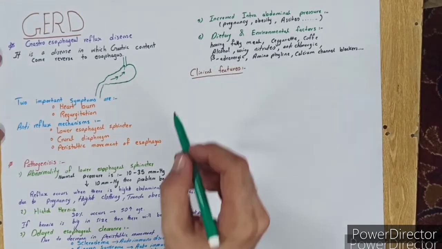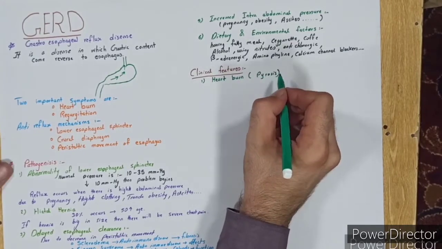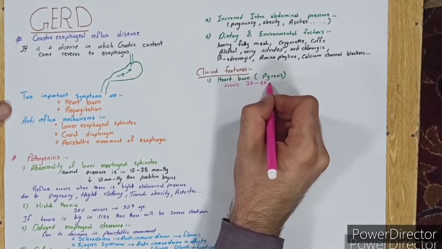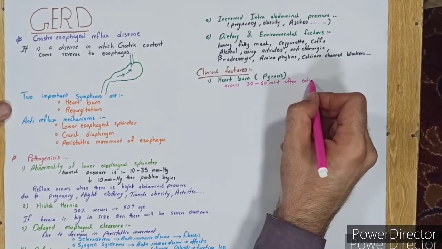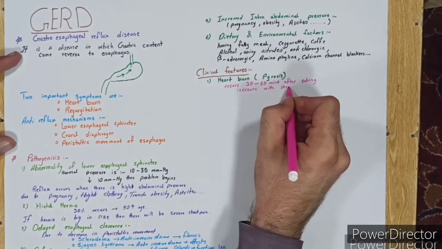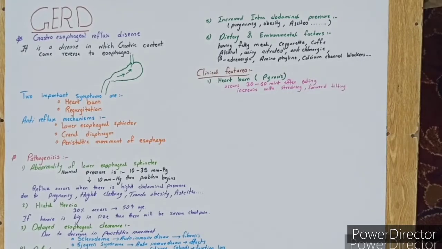Clinical features. The first one is heartburn, which is called pyrosis. It occurs 30 to 60 minutes after eating. It increases with straining, forward tilting, and in lying position.